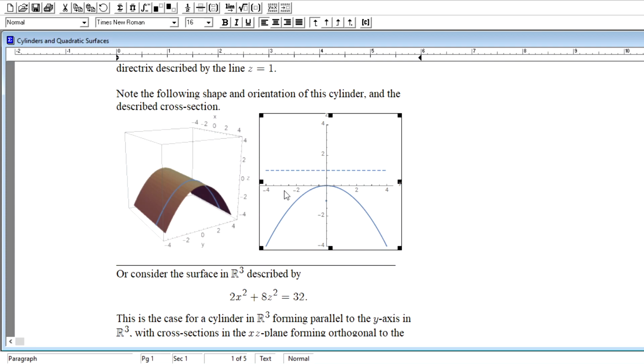And what are some of the simple surfaces we're going to encounter? Well, it's going to be planes, and it's going to be these quadratic surfaces or cylinders. We certainly will see more complex surfaces than these presented, but we want to be able to recognize these simple scenarios. These will come back when we start to study multivariable functions.